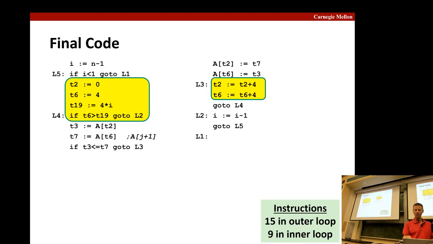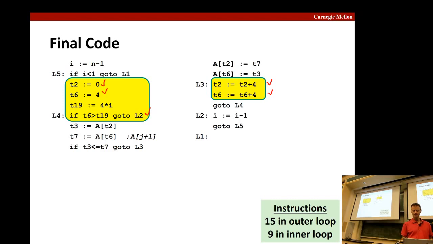So now all references to j are gone, and instead we just initialize the starting points of j and j plus 1, and compare those, right, in this equivalent, right? I can compare 4 times j and 4 times I, just as easy as I compare j and I. And then instead of bumping up by 1, we bump these things up by 4, okay?